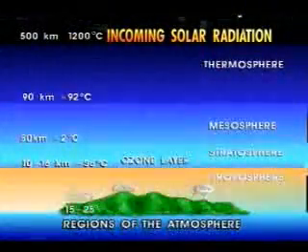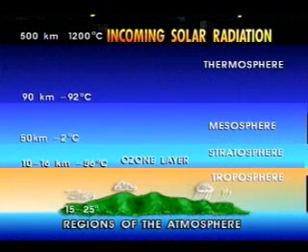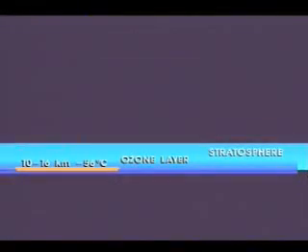The stratosphere extends to about 50 kilometers from the Earth's surface. The air here is not exchanged rapidly with air in the troposphere. Ozone is present as a layer in the stratosphere, starting at about 18 kilometers above the Earth's surface and extending to about 40 kilometers and beyond.